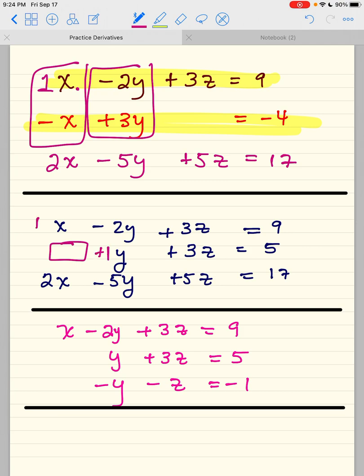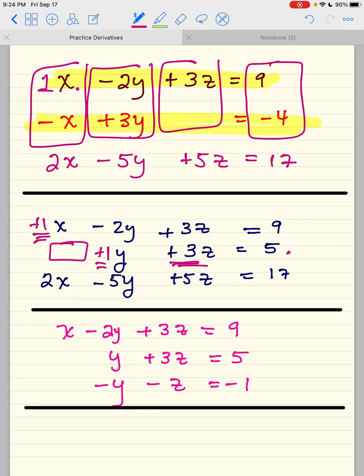That's great because now I have that staircase of 1. And then this gives me the 3z, okay? 9 and negative 4 gives you 5. You've got to do it to everyone. So we added the first equation to the second equation to produce a new second equation.